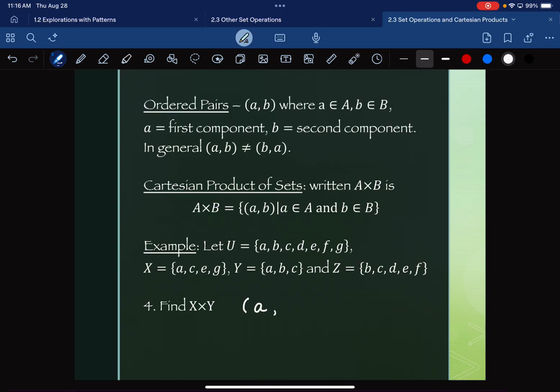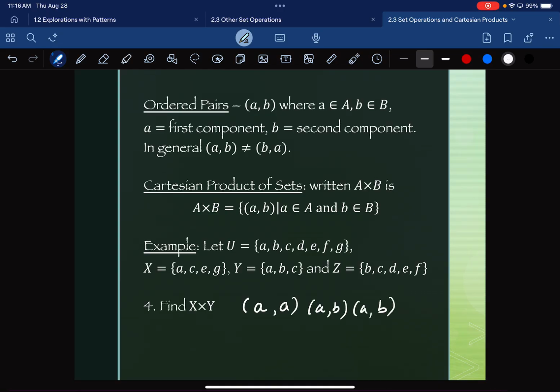So A would be one pairing. But I could take the value A from here and instead have paired it up with B, right? Sure, could have. Or I could have taken the element A from here and paired it up with C.